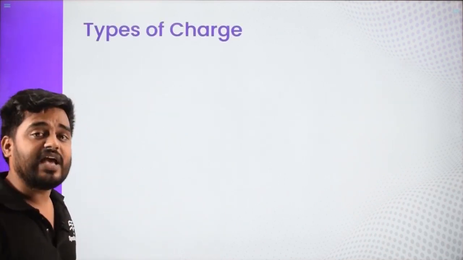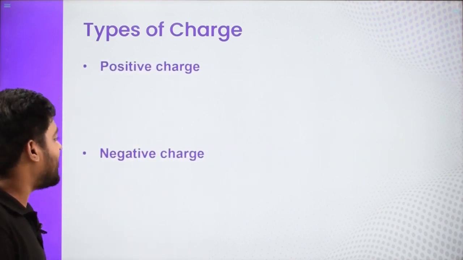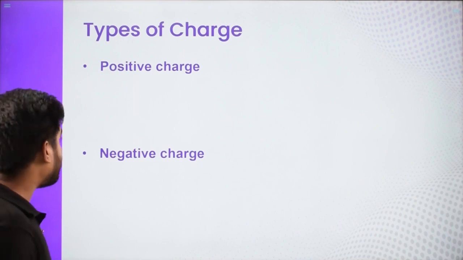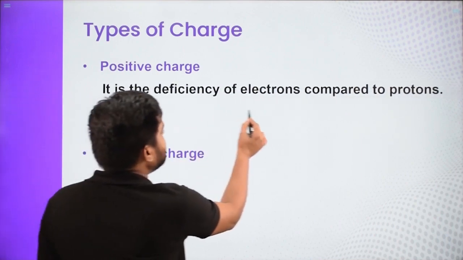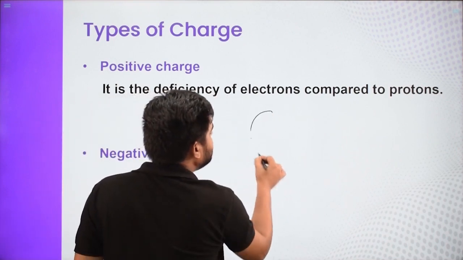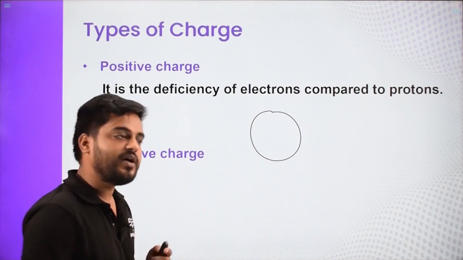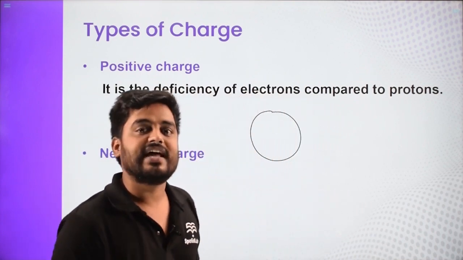If we talk about the types of charges, there are two types of charges. One is positive charge and another is negative charge. What is positive charge? It is the deficiency of electrons compared to protons. In any atom, the number of protons and the number of electrons are equal, right?